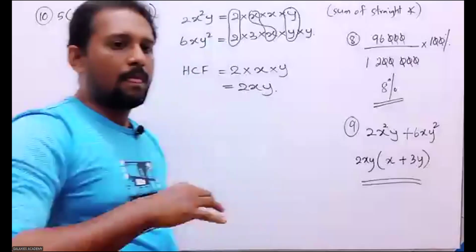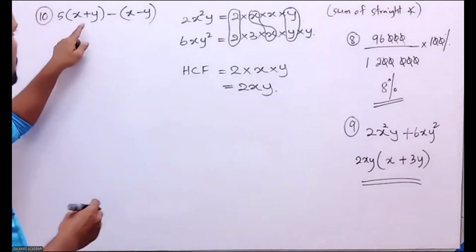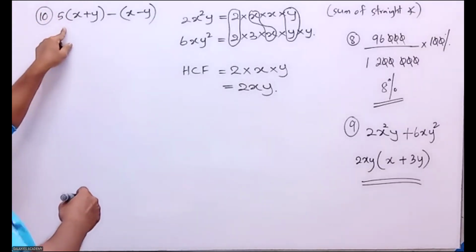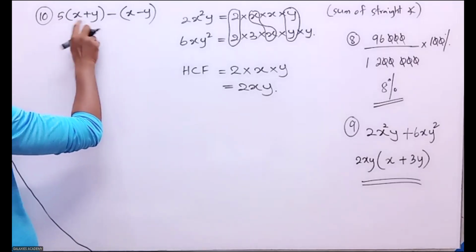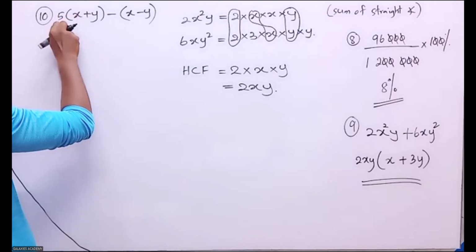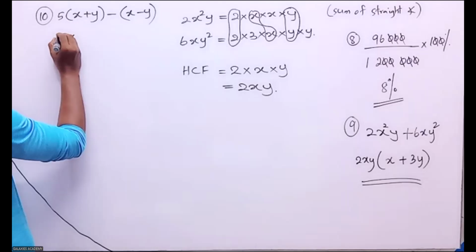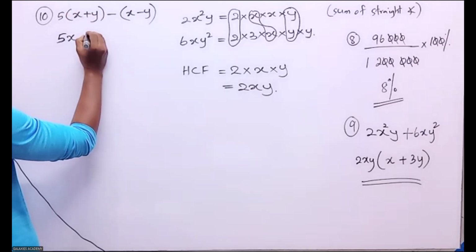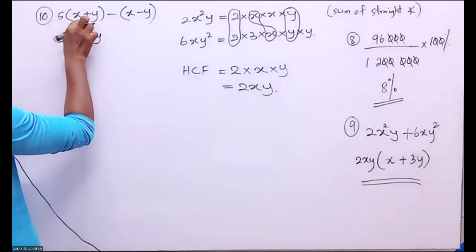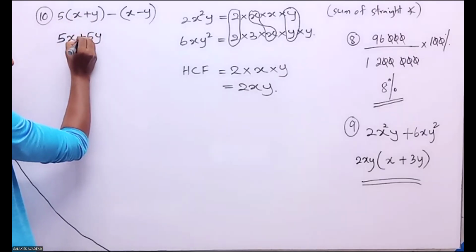First we have to remove the brackets. Outside the first bracket you can see positive 5, so you multiply each term inside the first bracket by positive 5. 5 times x is 5x, and 5 times y is 5y. Positive times positive is positive.